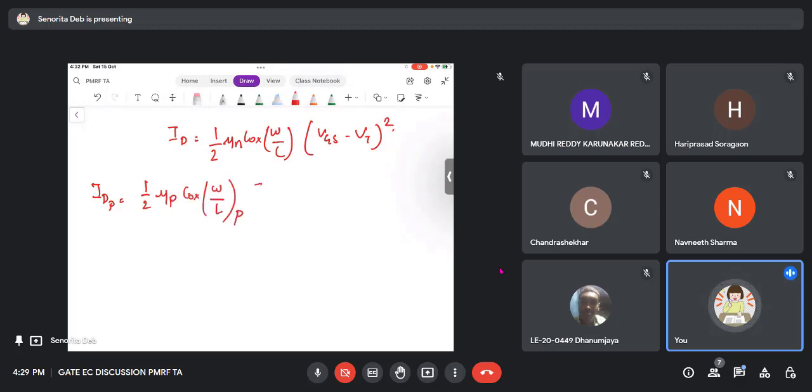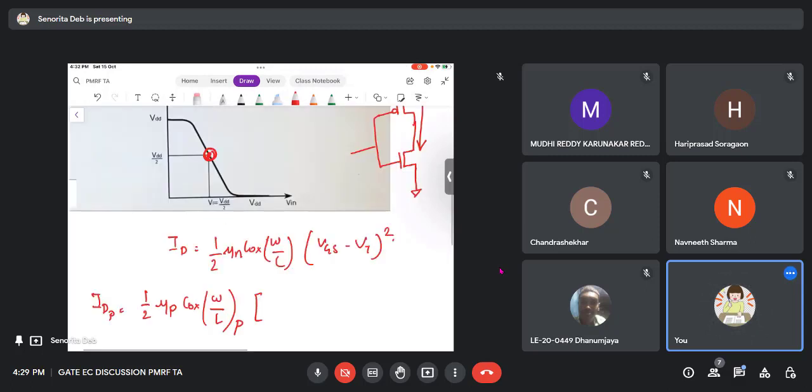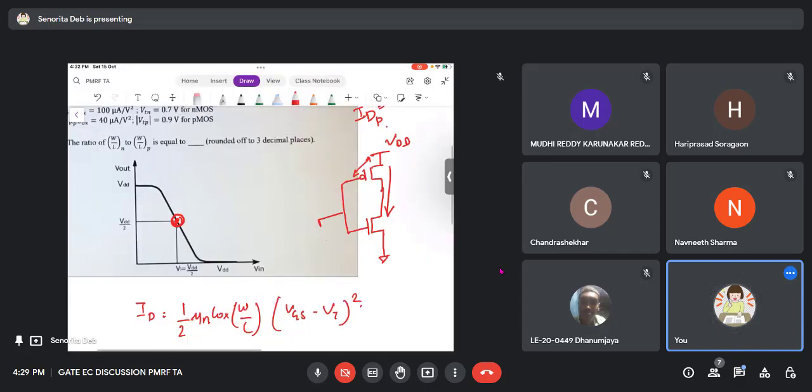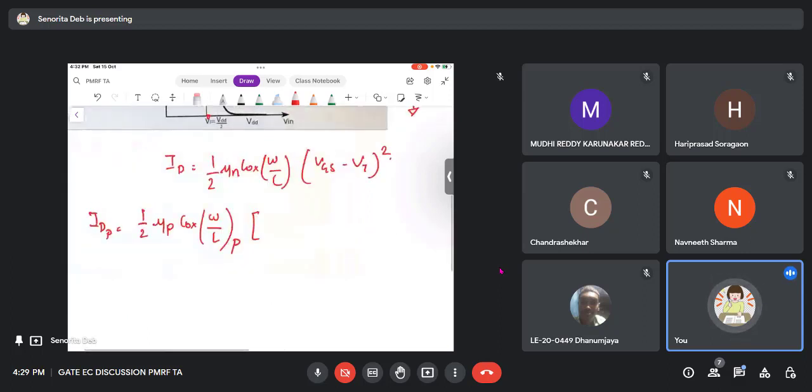And what is VGS? In the PMOS it is VSGP, and remember the input is given as VDD by 2. So what is the VSG value? It is VDD minus VDD by 2, right?